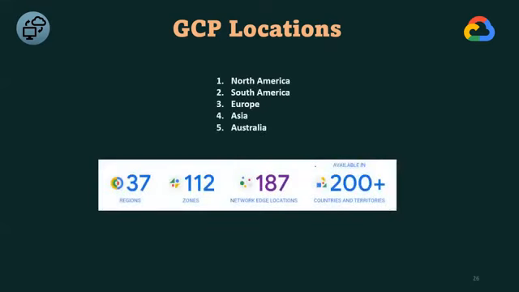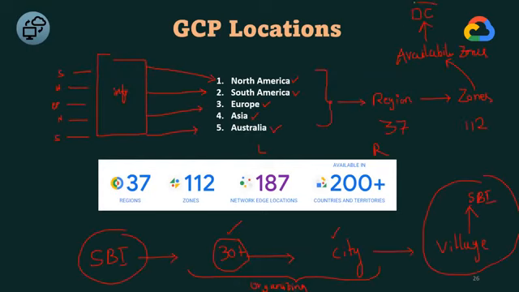So Google's infrastructure is divided into locations, further divided into regions, and further divided into zones. Zones are called availability zones for a reason, because the actual data center, the actual infrastructure, is situated in that particular zone only. Some people may ask what a data center is.